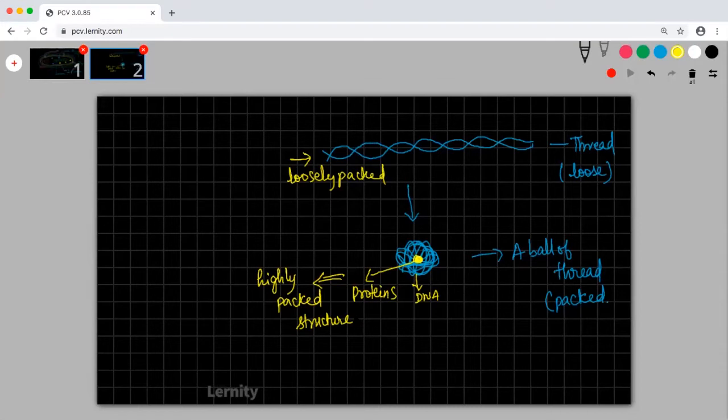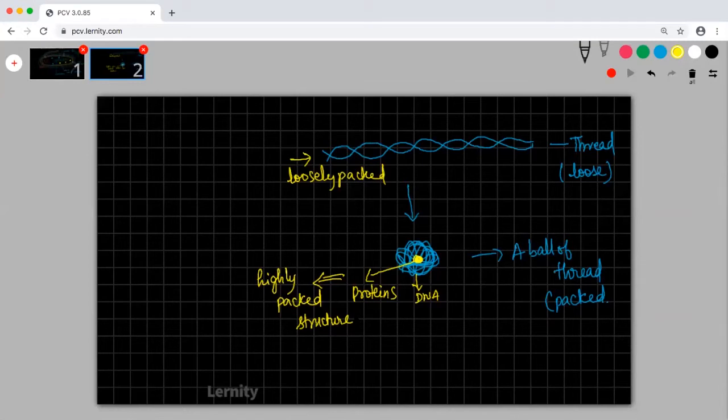When you're talking about packing of chromosome, just imagine this example so you'll understand it better. You are having a thread. The thread is DNA. If you want to pack it into a compact structure, you will keep some paper ball in between, and on top of that ball, you'll start to roll that particular DNA.